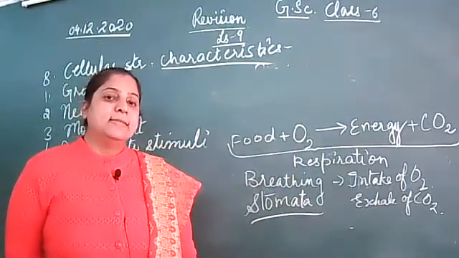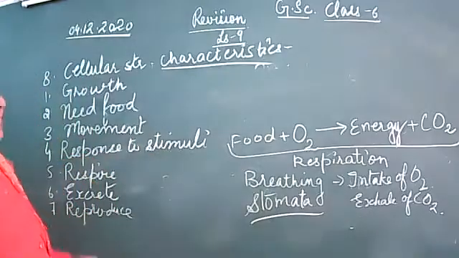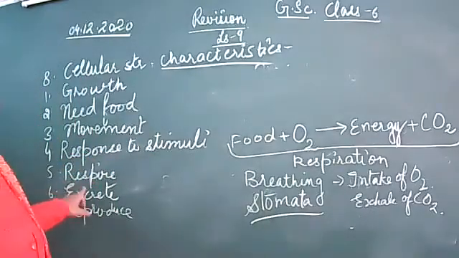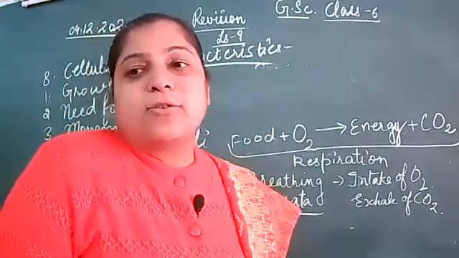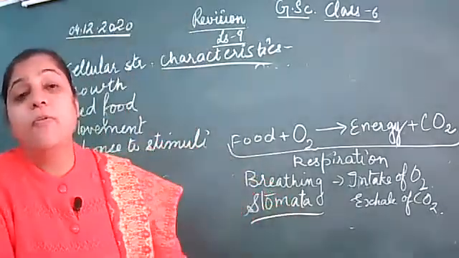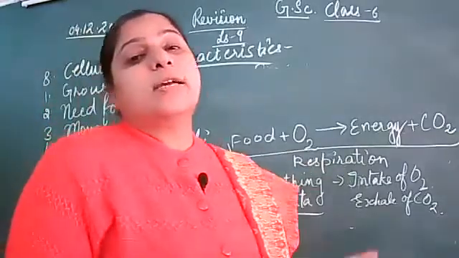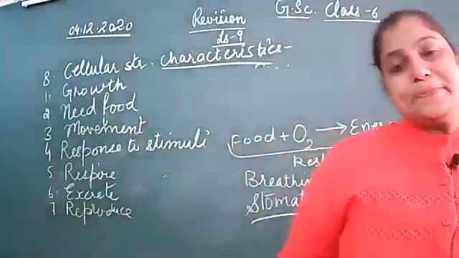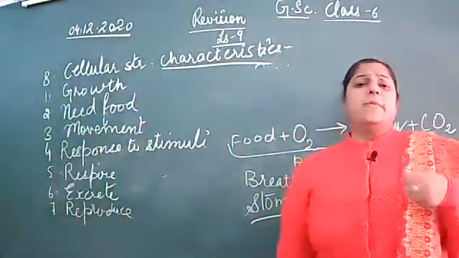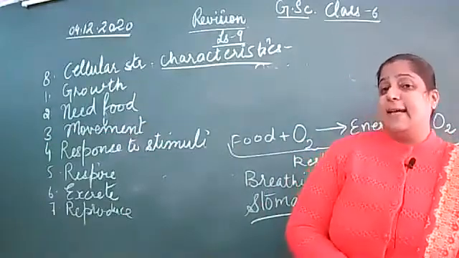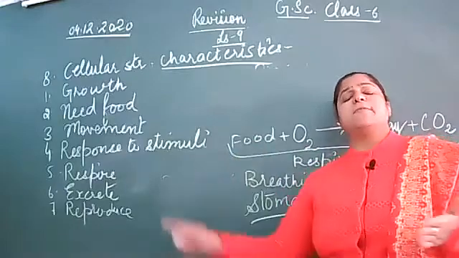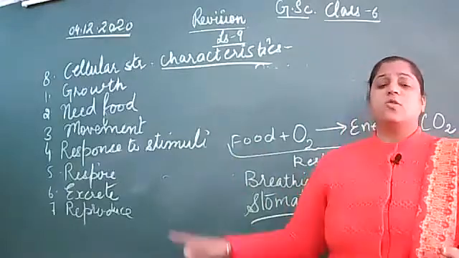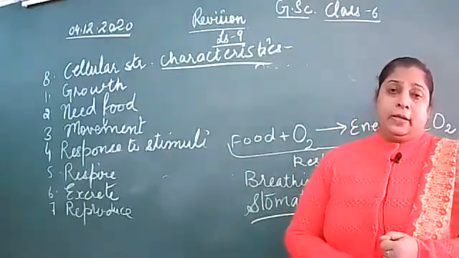Is that clear? Now after this, excretion. What is the meaning of excretion? Excretion means removal of waste products from the body. Many life processes are taking place inside our body. We are doing digestion, breathing, respiration, circulation, so many things are going on.